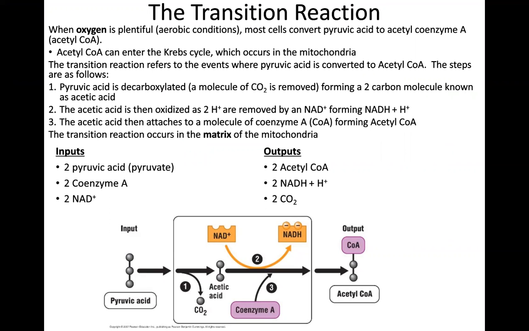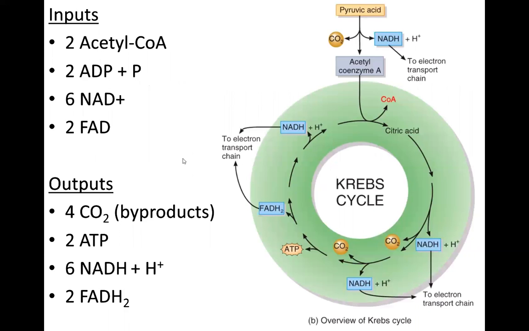Now, we've accomplished 3 out of our 4 steps. But at this point, have we formed much ATP? The answer to that is no, not at all. We formed a net of 2 during glycolysis. We formed none during the transition reaction, and we only formed 2 during the Krebs cycle. What we formed a lot more of are these NADH plus H pluses and a few FADH2s.